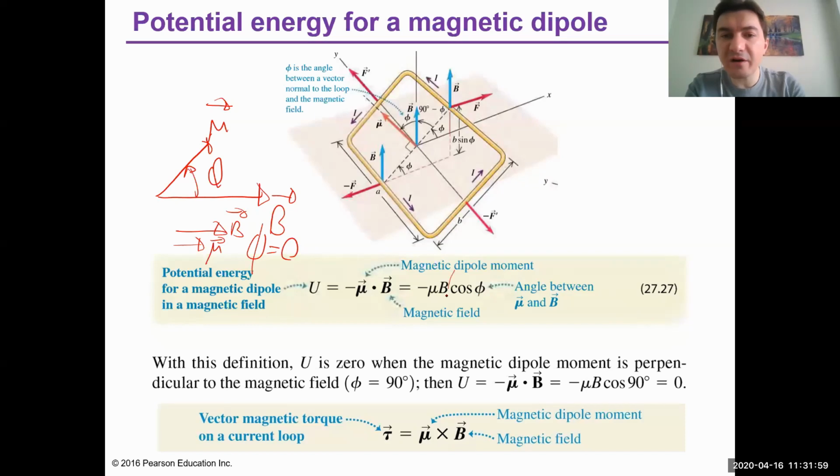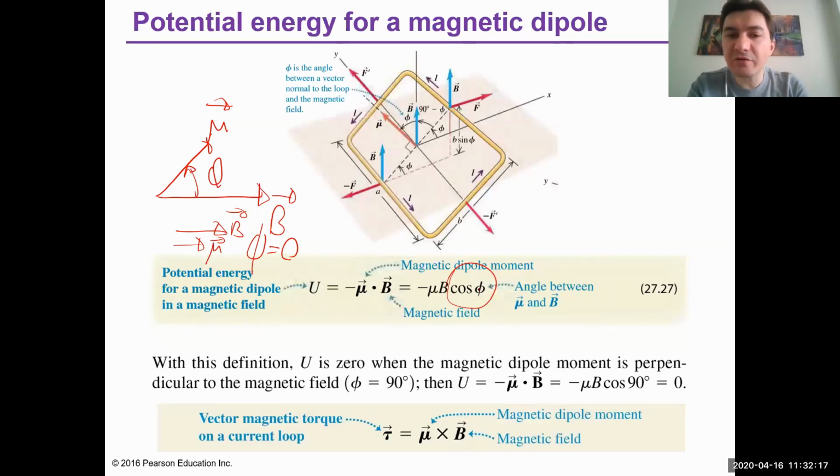Then the cosine phi will be maximum. Since here we have a negative sign, energy will be minimum. So minimum energy means that the magnetic moment will stay along the B because the energy is minimum there, okay?